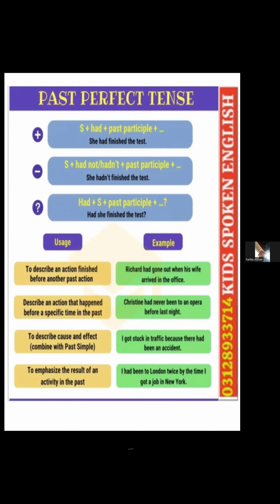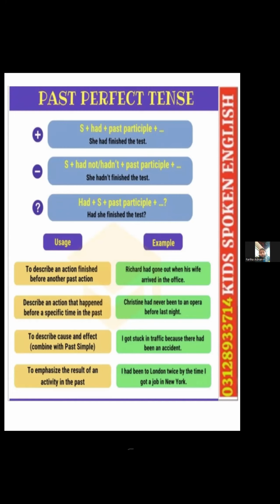In this tense you don't need to worry about where to use had or another form. You just need to add had. Okay, subject plus had plus third form of verb.